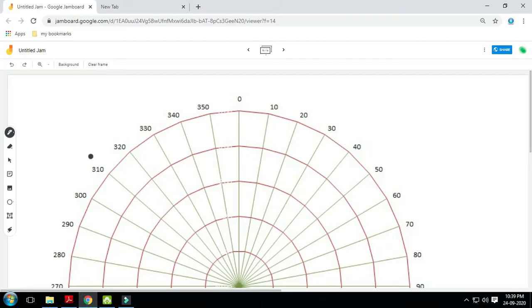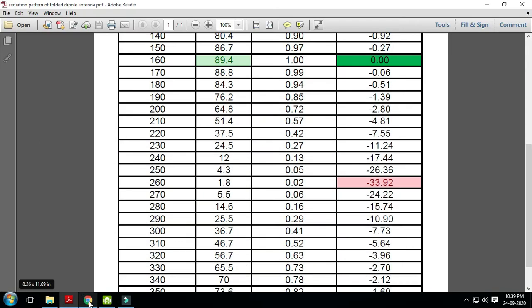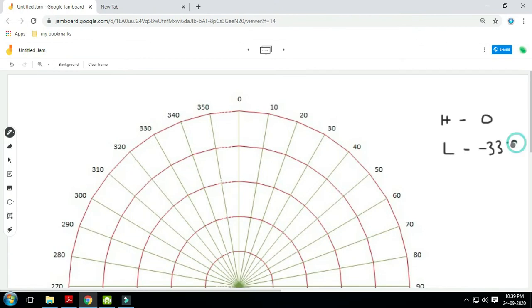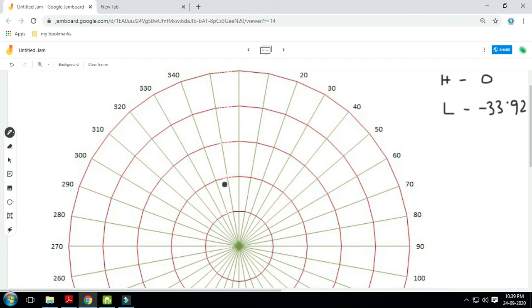So write down this value first. So high is 0 and low is minus 33.92 dB.